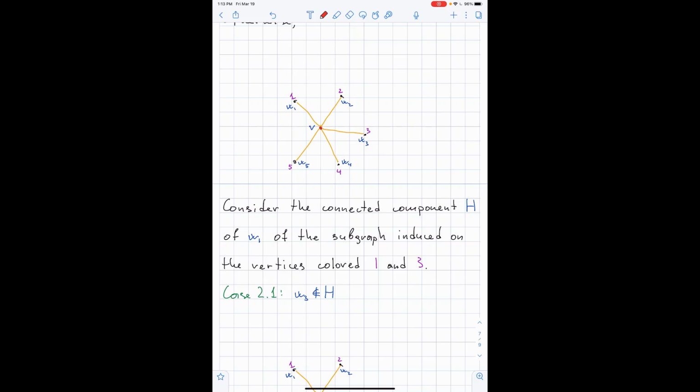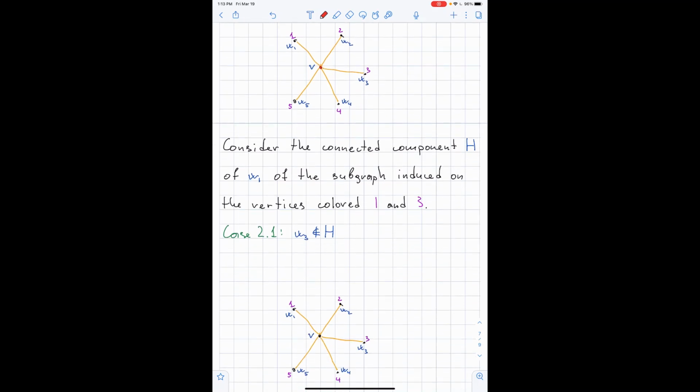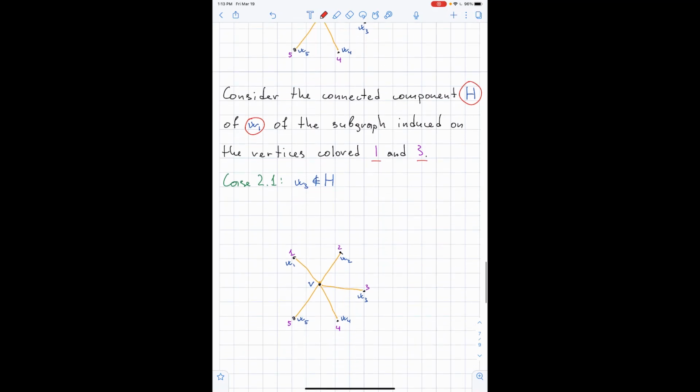So let's see. Here we have to use the following trick. We consider a connected component, which I will call H, of W1, so containing W1, of the subgraph induced on the vertices colored in color 1 and 3. In other words, we remove all the vertices that are colored in colors different from 1 and 3.